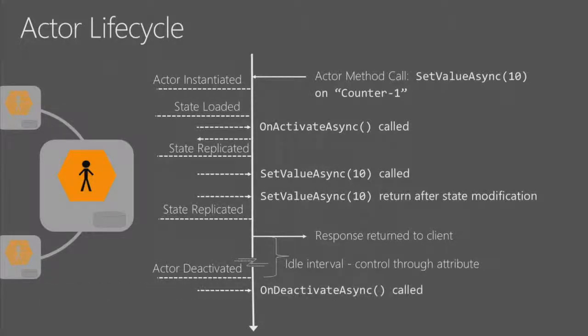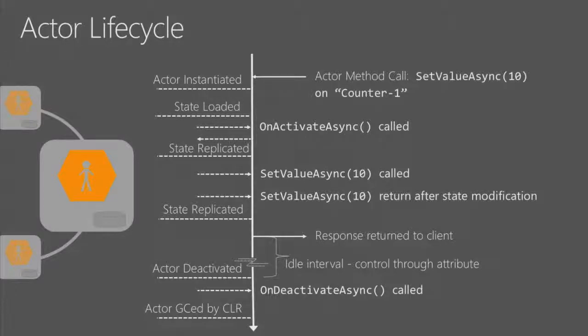Once the actor is deactivated, we make a call called onDeactivate async. So this allows you to release any resources that you might have acquired on activate. You might be able to do some more cleanup in the onDeactivate async call. After a certain point in time, after onDeactivate is called, and if there is memory pressure, the actor gets GC'd by the CLR. Right? So now you are back to the state where you started with.